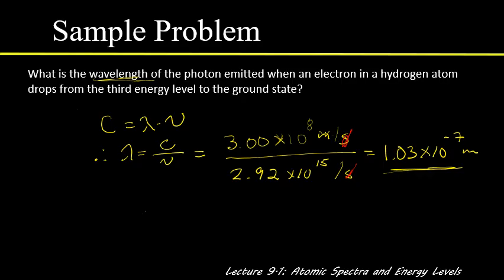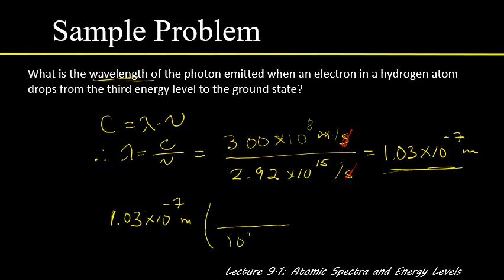Typically, for atomic transitions, we usually report these in nanometers. So I'm going to go ahead and do that here. It wouldn't be incorrect if you left it in meters, but it's better to put it in nanometers. All right.